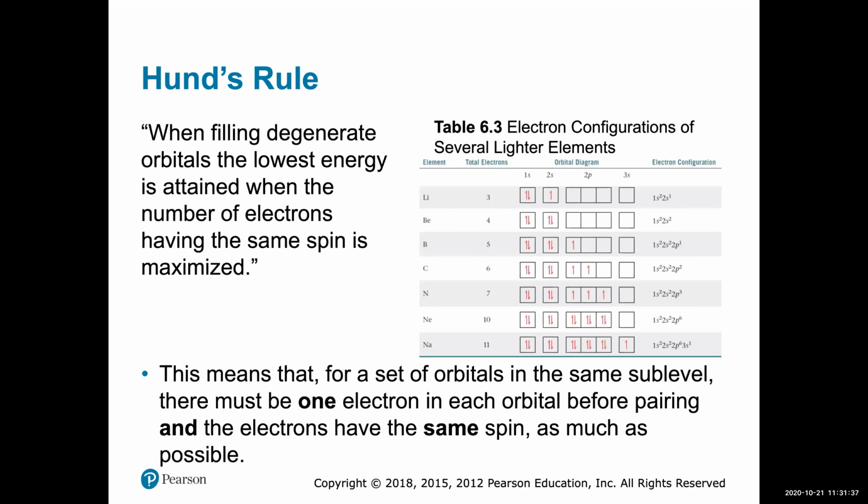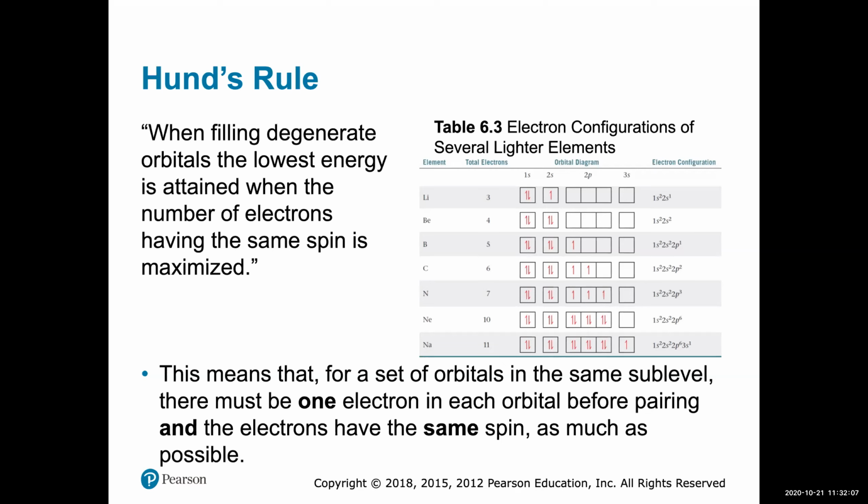Okay, we have something called Hund's rule, and this helps us figure out how to fill up the orbital diagrams when we're trying to figure out these electron configurations for an atom. Hund's rule says that when you're filling degenerate orbitals, the lowest energy is attained when the number of electrons having the same spin is maximized.